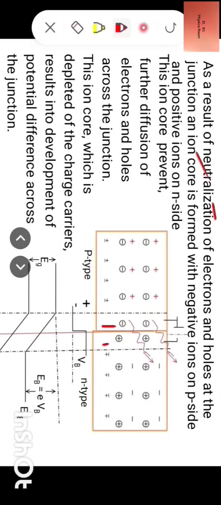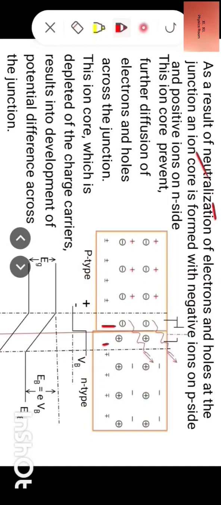Similarly, when another electron and hole pair get annihilated, another negative ion on p side and positive ion on n side becomes without charge carriers near it, and the junction area becomes depleted of charge carriers. This is what happens across the junction due to annihilation of electron hole pairs.